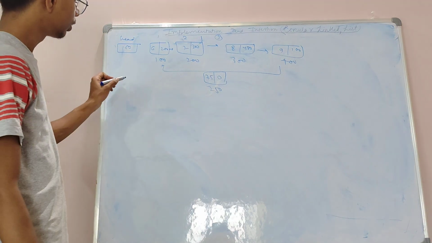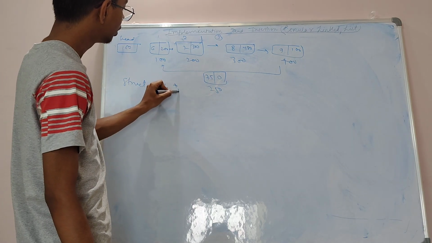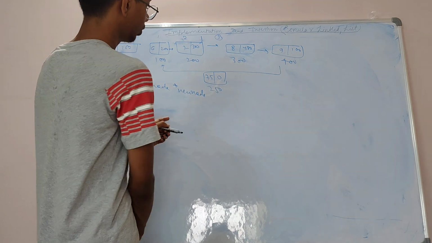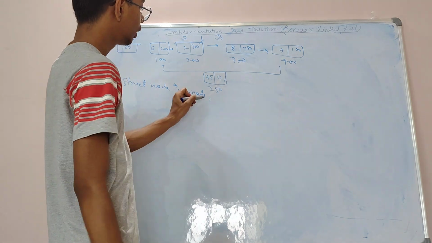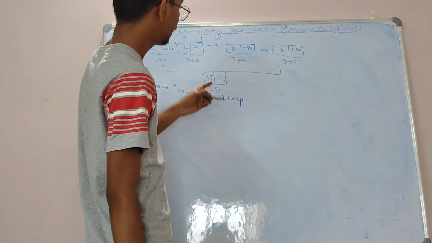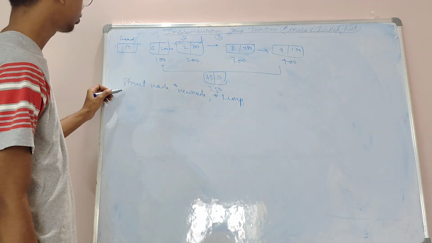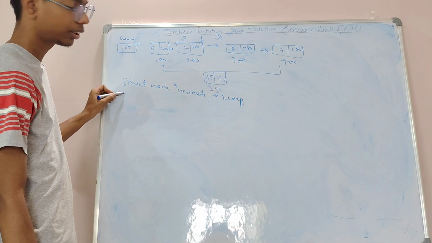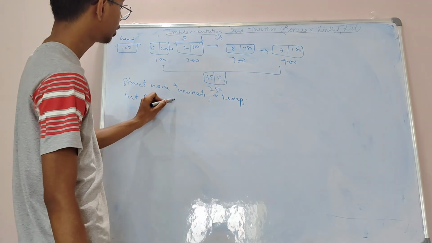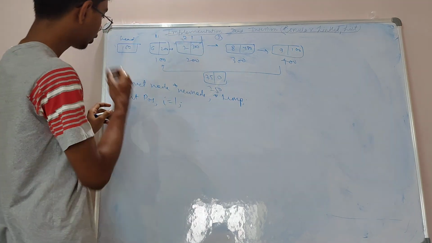I will declare two struct node pointers: new node, which will store the address of my node, and temp, which will help me insert, because with the help of temp I will traverse one by one. Then I will write int position for asking the user, and i for running my loop.